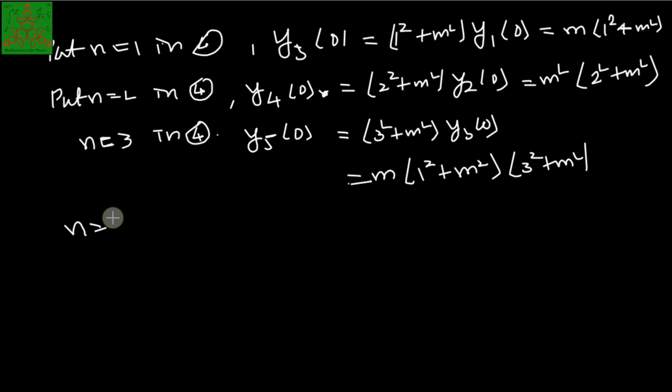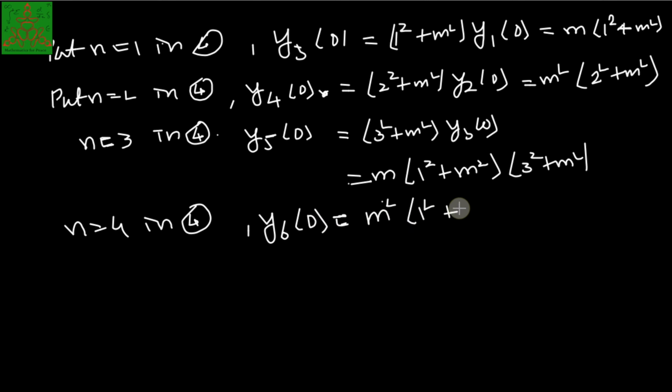If I put n equal to 4 in 4, then that gives me y6 at 0. And by some calculation, you can observe that y6 is m square, 1 square plus m square, 4 square plus m square.